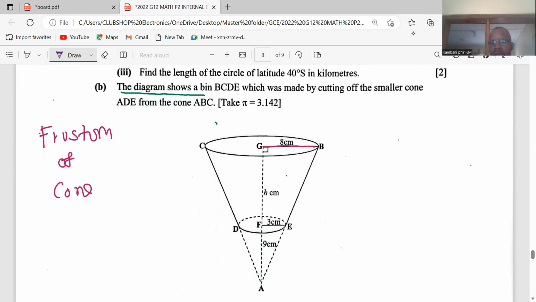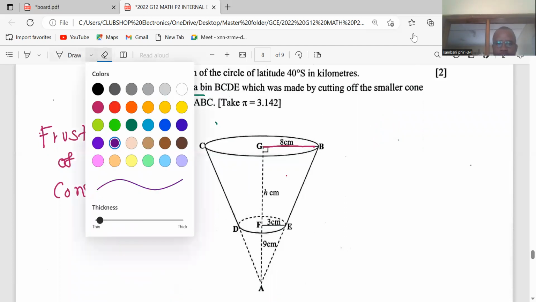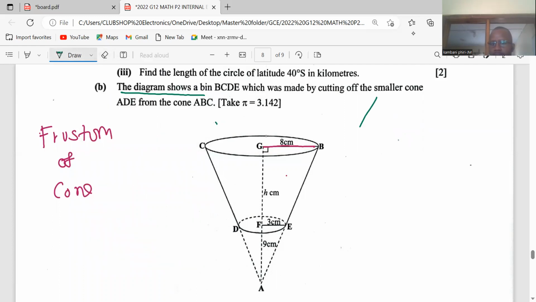So what I'm going to do is compare two cones, a smaller cone to this bigger cone, so that you can see what we are talking about.